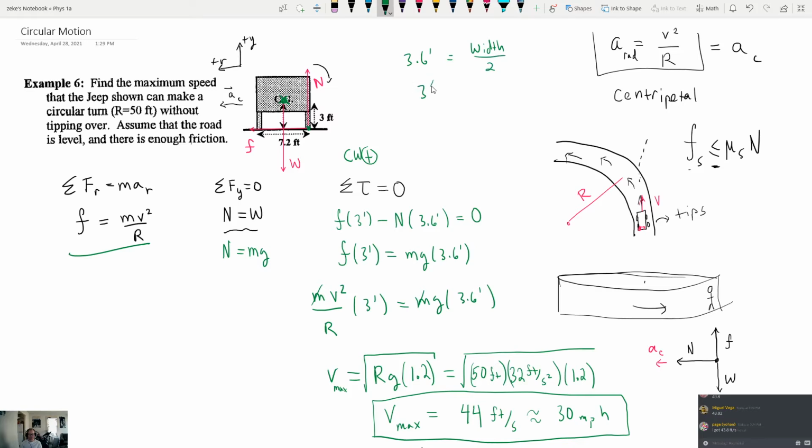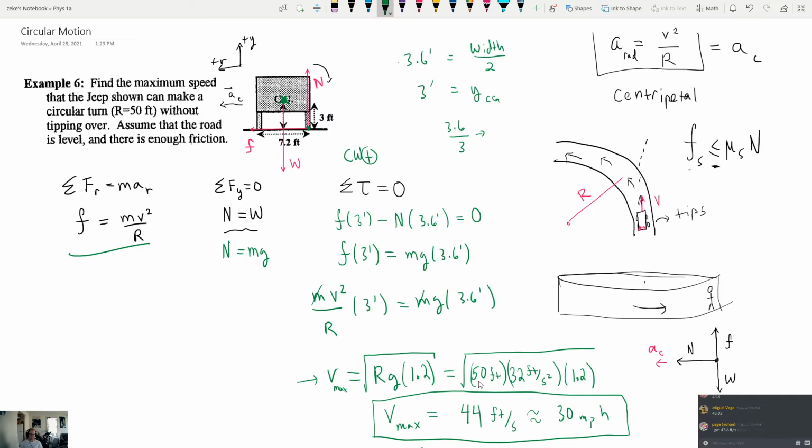And 3 feet was equal to the y coordinate of, let's call it, the center of gravity. So basically the ratio of this divided by this is really all that matters in terms of how fast you can take the turn, because you can't really control the size of the turn.